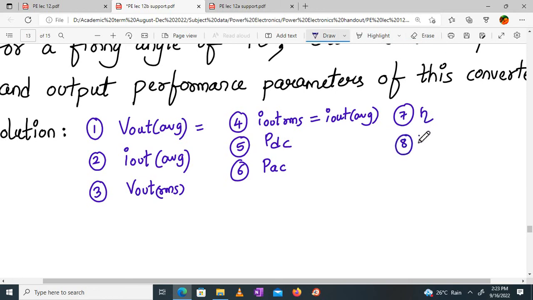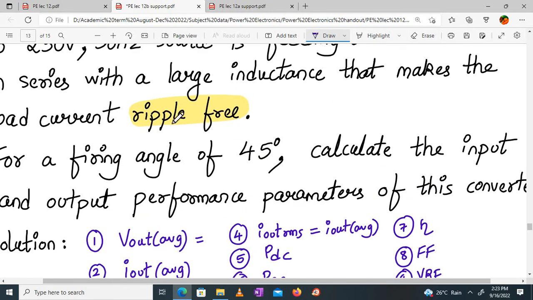By now you will have everything. Then calculate voltage ripple factor. Then current ripple factor will be zero. Why will be zero? Ripple free लिखा है ना? I have marked it yellow. Note करा ripple factor directly.